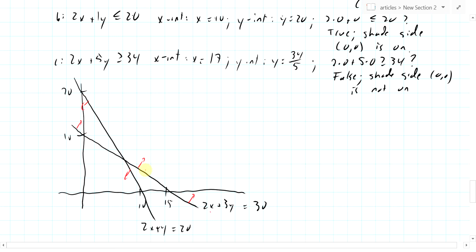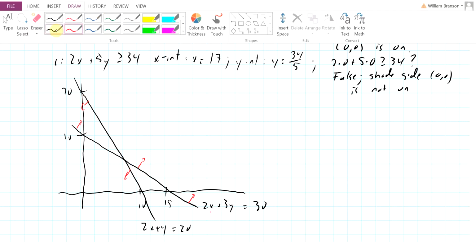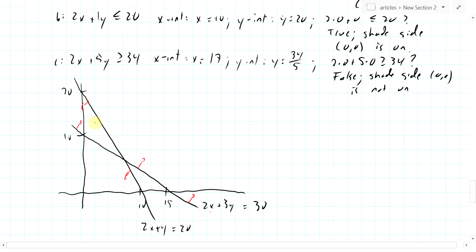Right now, the area that's possible is here, the only side that's on the right side of both. But we have this third line, where the x-intercept is 17, which we'll put out here somewhere. Y-intercept is 34 over 5, about 6.8, so it's less than 10, so it goes there, and that's this line.